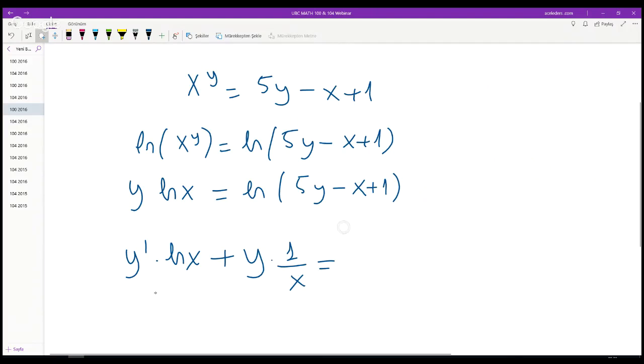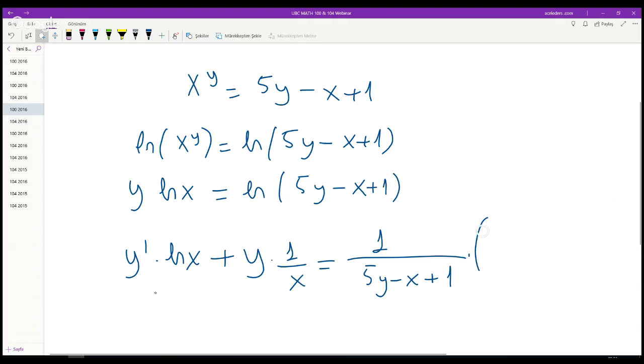This is 1 over 5y minus x plus 1, as we do in the chain rule questions, because the derivative of ln something is 1 over something times the derivative of 5y minus x plus 1.